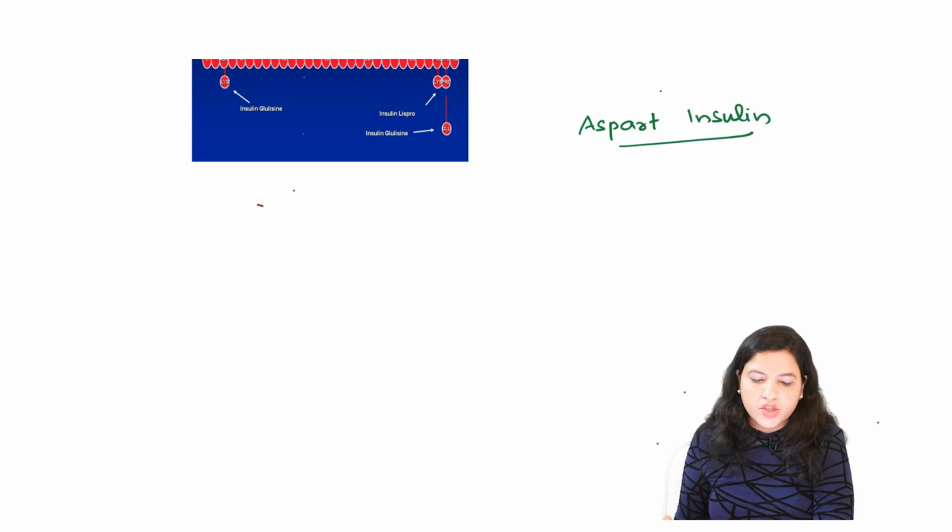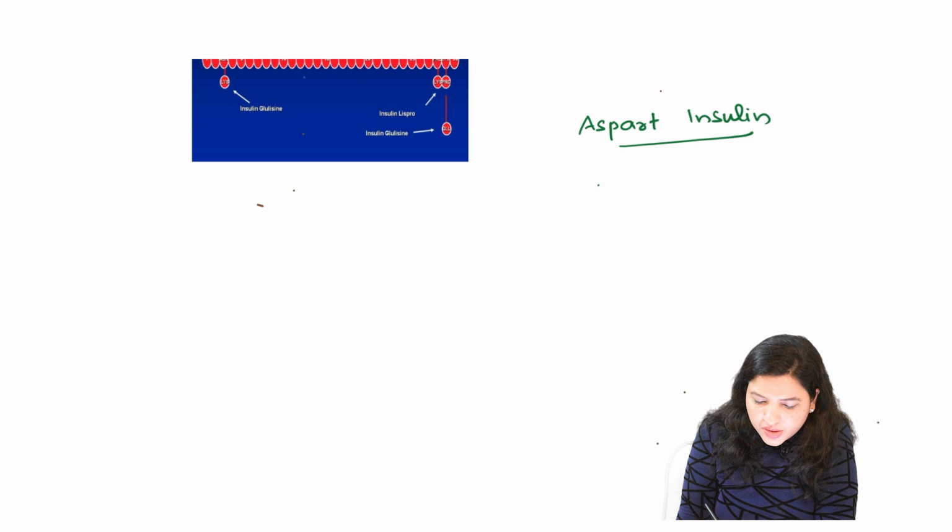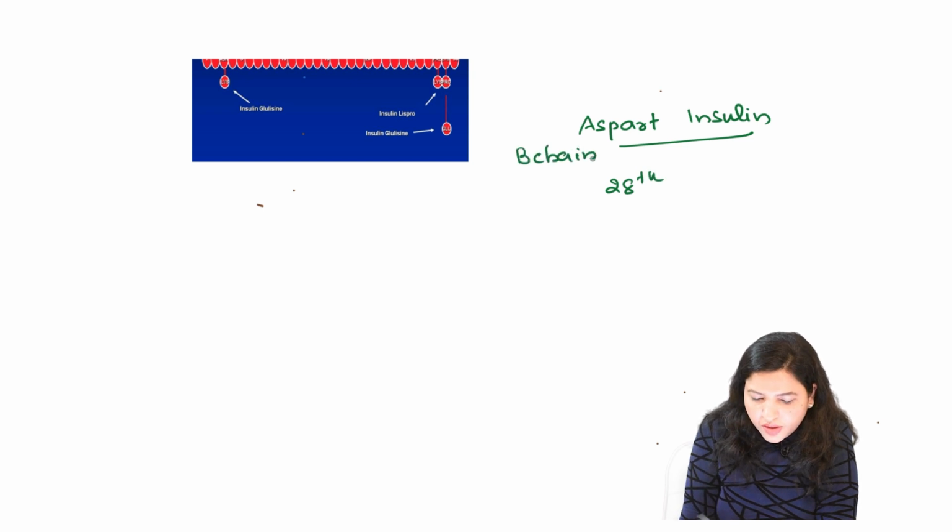Now we have come to the 4th insulin preparation, that is aspart insulin. What is aspart insulin? In aspart insulin, the amino acid substitution happens at the 28th amino acid of the same B chain. The 28th amino acid is proline.